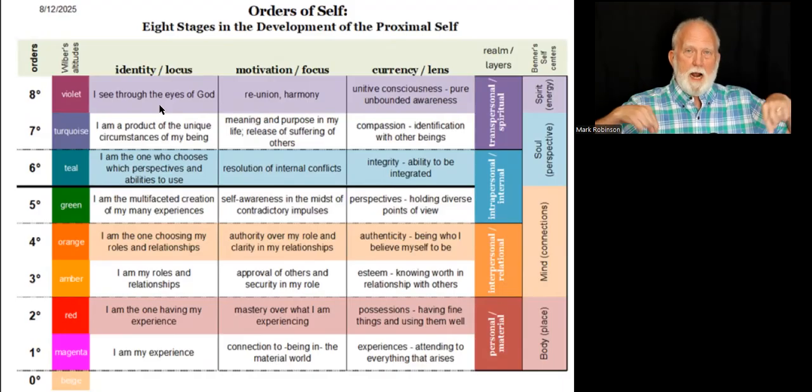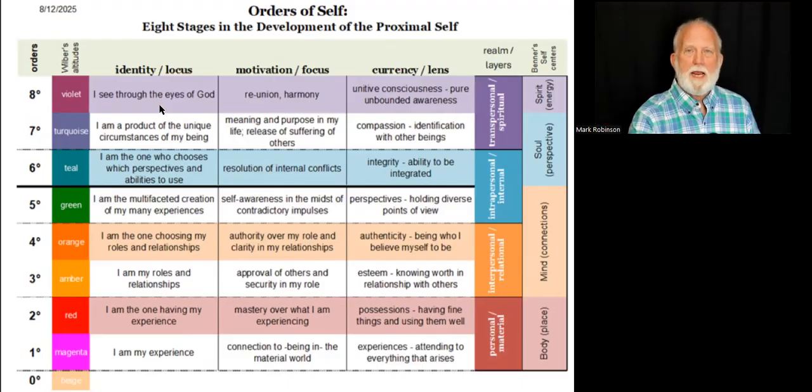It doesn't mean that I am God, because I, as we typically think of it, am a separate person. I is usually down here at first through fourth orders. That's our ego. When we begin to get up to fifth order and above, we discover that I have an ego. It's very valuable to have an ego.